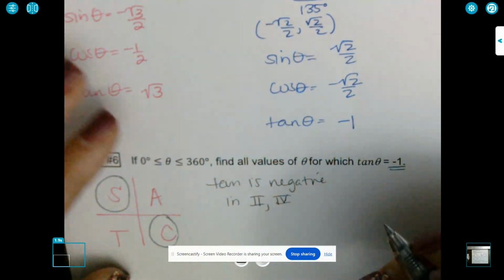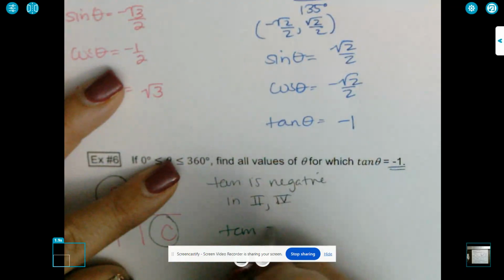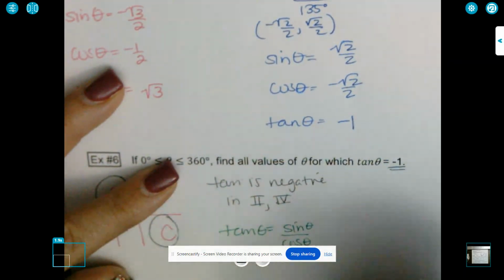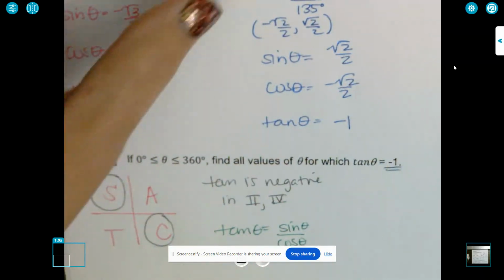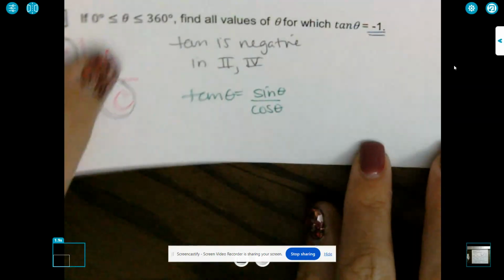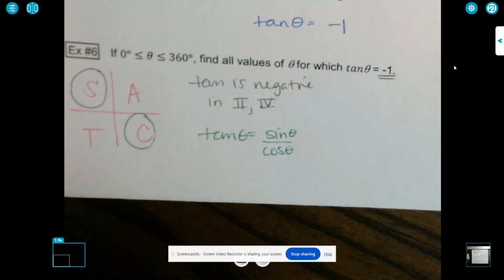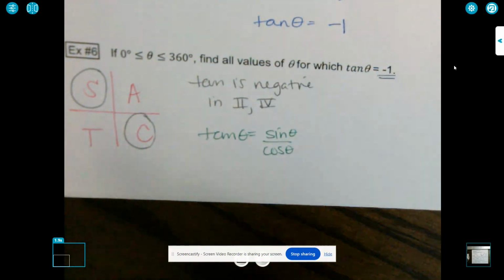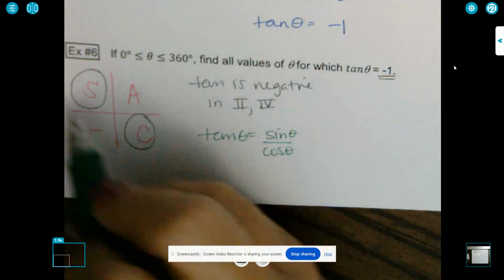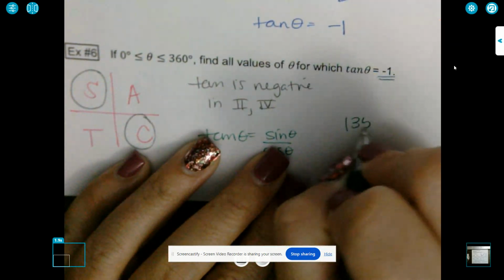All right, and then they wanted it to equal 1. Well, remember, tangent is sine over cosine. So the only way for this to equal 1 at all is for it to be the same. And what angle has the same measurement on both sine and cosine? That's our 45-degree angle in each quadrant. So in quadrant 2, that's going to be the 135-degree angle.